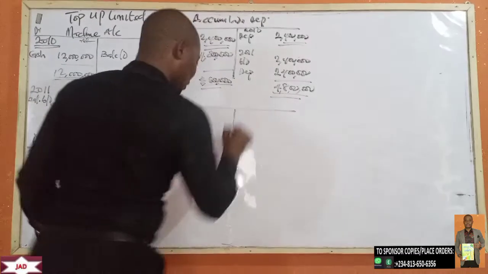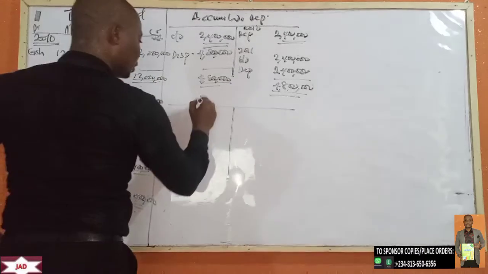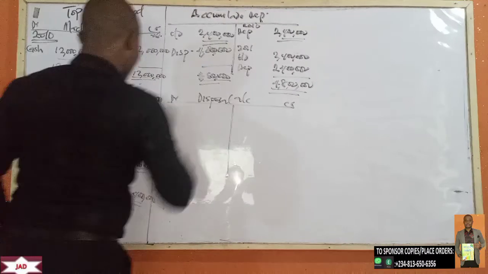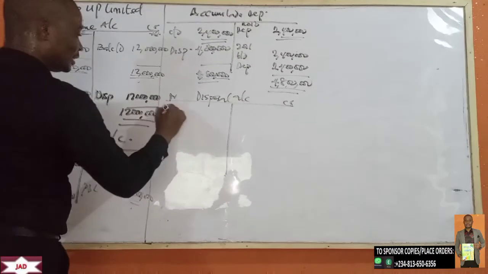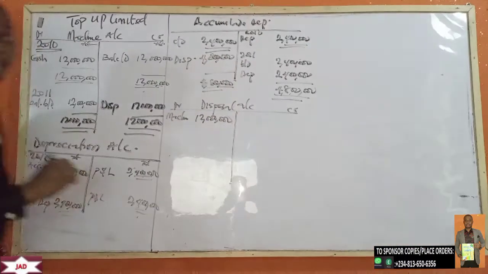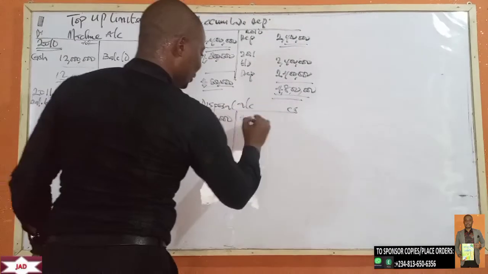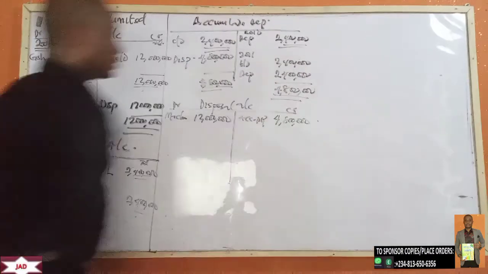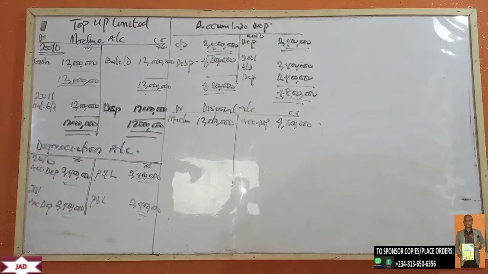The next one now, let's call it the disposal account now. Right? From here, we transferred the machine here, 12 million, right? Now, from here, accumulated depreciation, 4,800,000, right? Now, they said we sold it for 14 million.